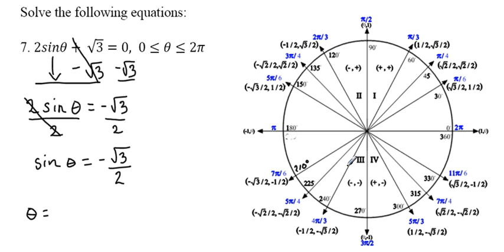In the third quadrant, we see that at 240 degrees, we have a y value of negative radical 3 over 2, so that's our first solution. In the fourth quadrant, we also see that at 300 degrees, we have a y value of negative radical 3 over 2, so our two answers are 240 degrees and 300 degrees.